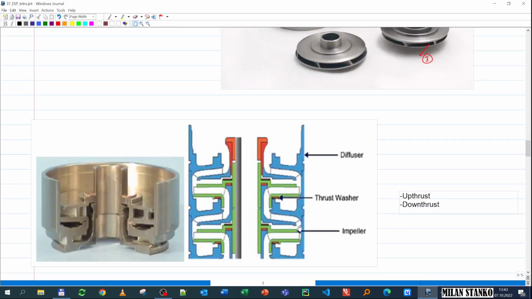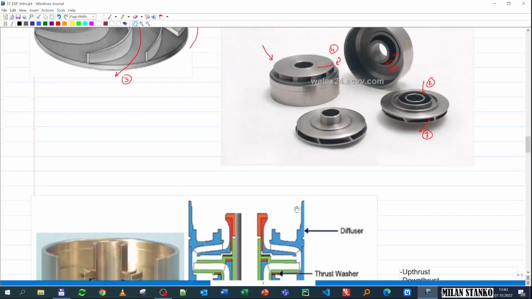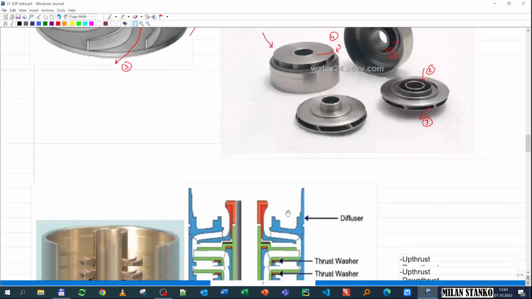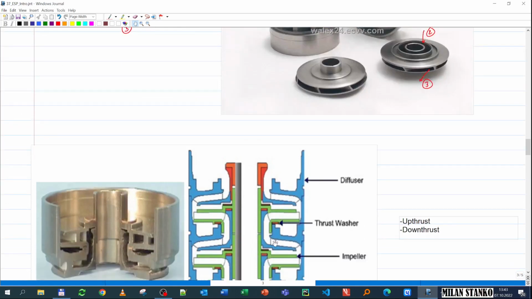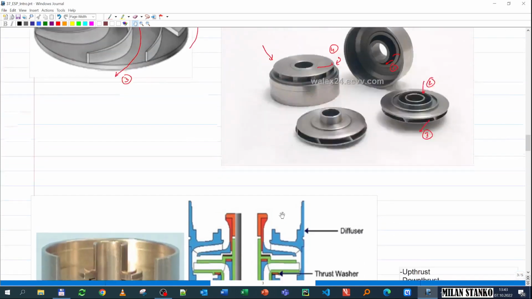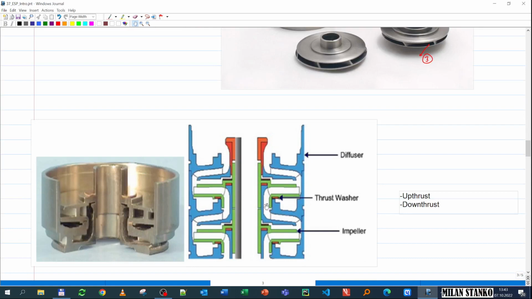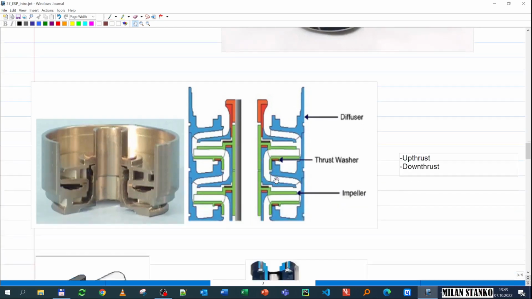So 3 is here. Then it connects to the inlet of the diffuser, which is 4 here, and then goes through the diffuser until it reaches 1 again. So see, this is 1. The diffuser is not rotating, the green part is the only one that is rotating, and then you repeat again depending on how many passages, how many stages you have.